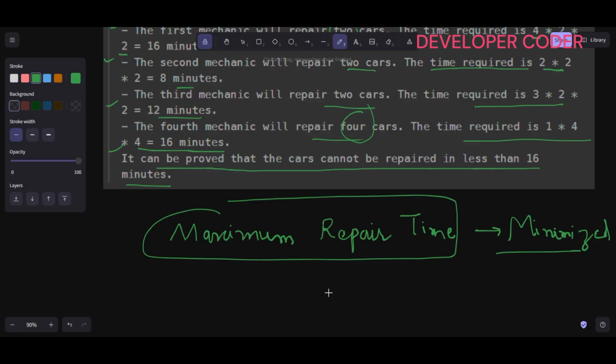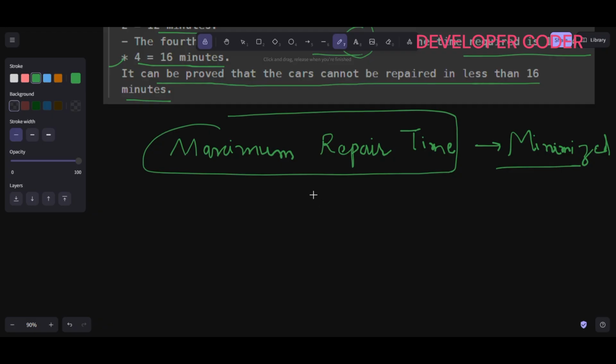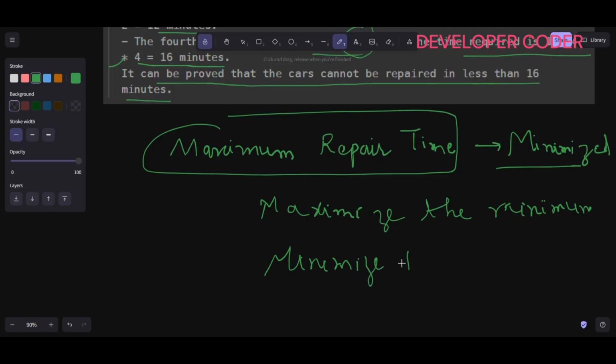In yesterday's problem also I discussed that whenever we have something like maximize the minimum, or minimize the maximum, whenever any problem hints towards this, always think about binary search first.